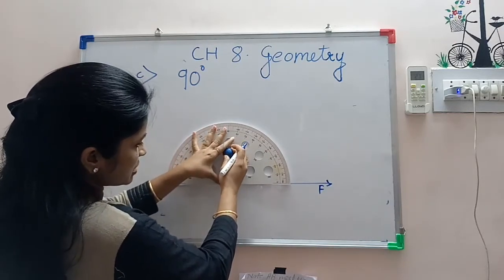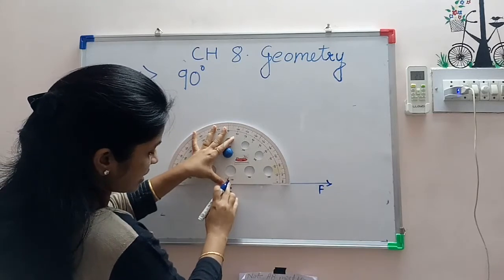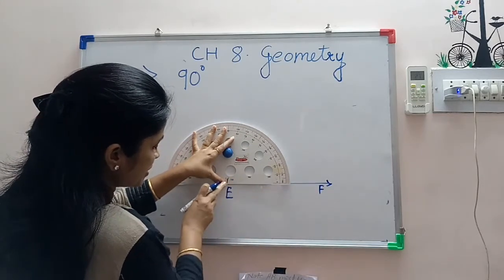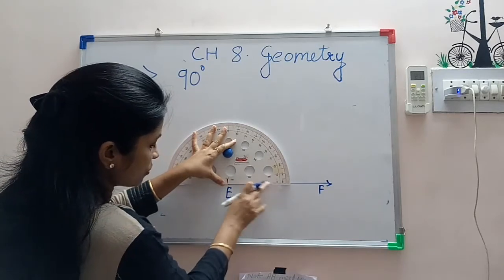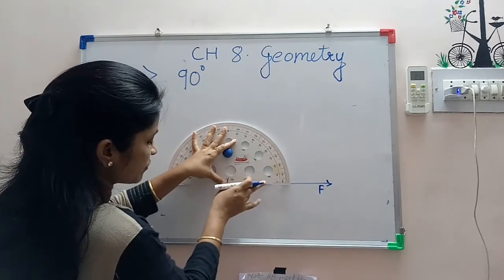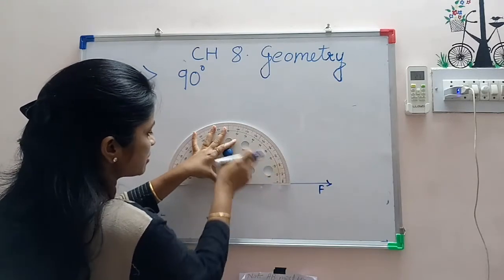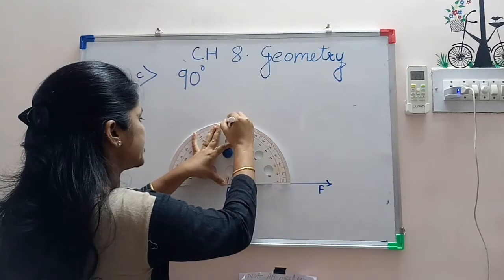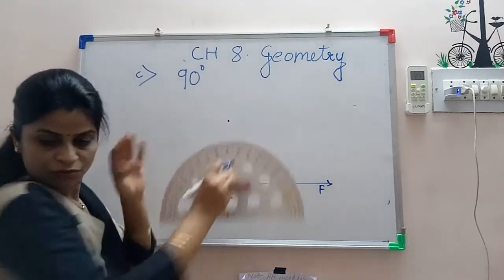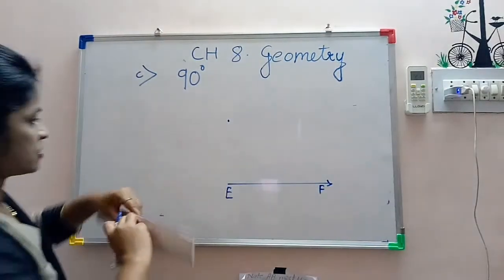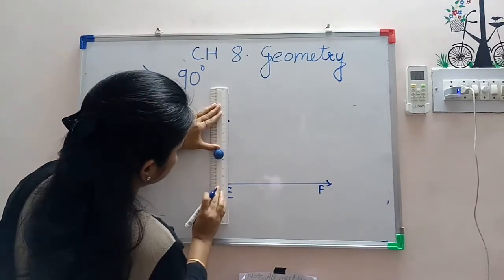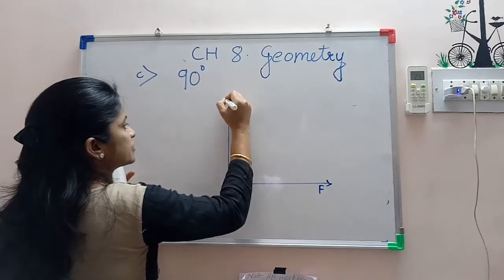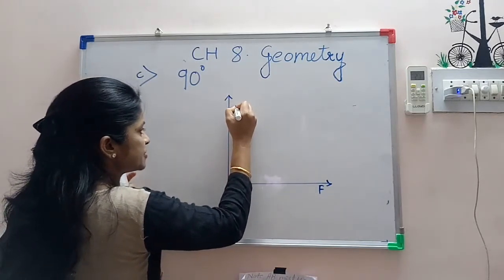Okay, now the ray EF meets the 0 degree point on the baseline along the inner scale. Now we will mark the 90 degree. Okay, we'll draw another ray and we will mark it as G.